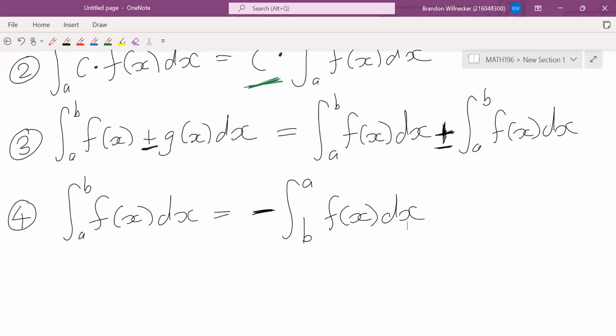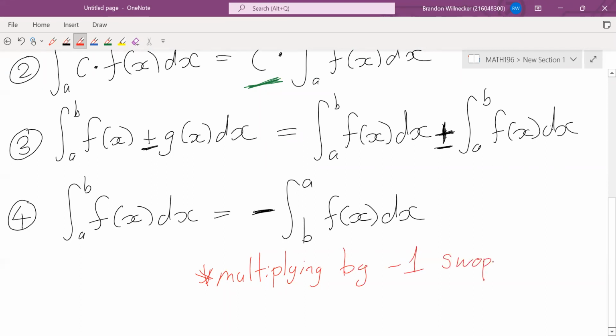So let's just make a note here. Multiplying by minus 1 swaps the bounds.